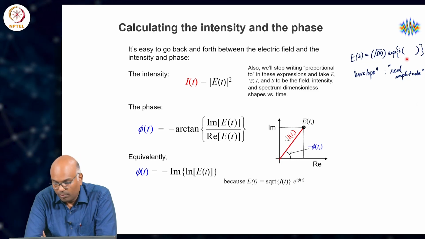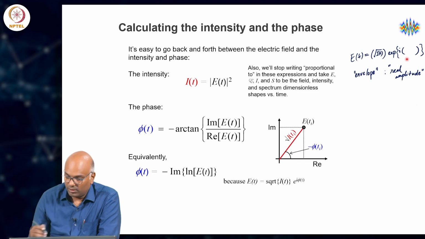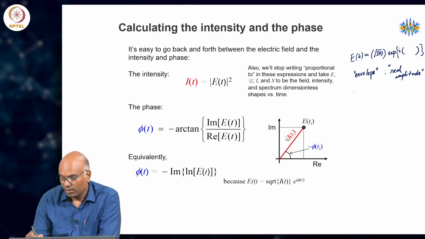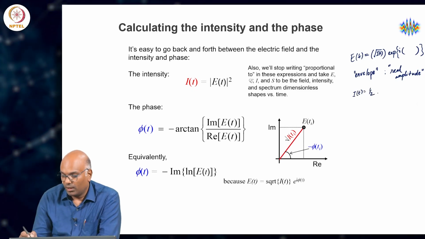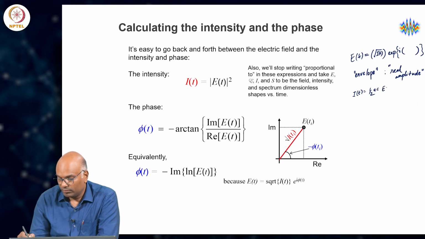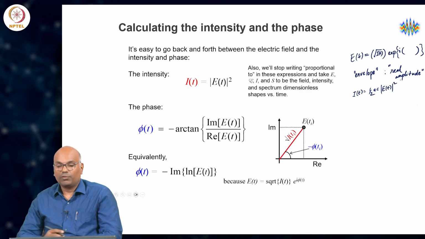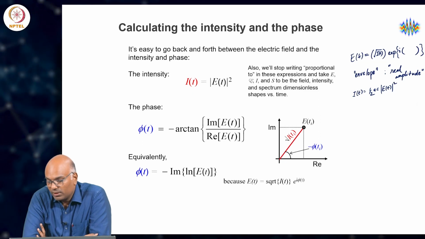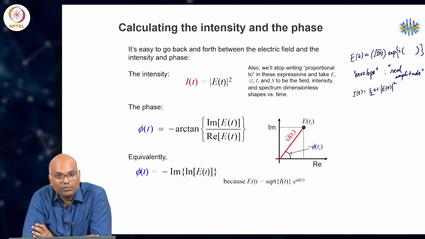You can argue that in cases like SI units, we saw, for example, that irradiance, which is a quantity very similar to intensity, was a half epsilon c times the absolute value square of E. So such prefactors can get into this equation if we use particular systems of units.